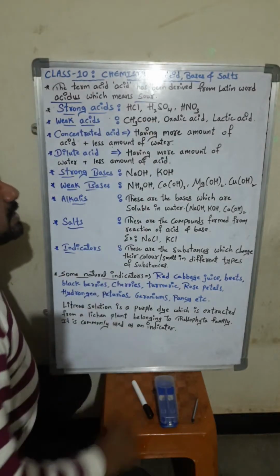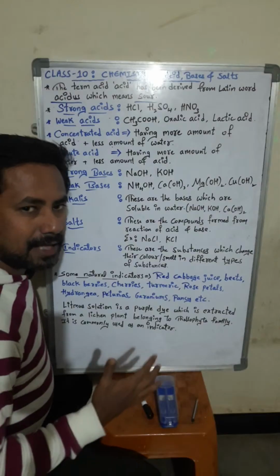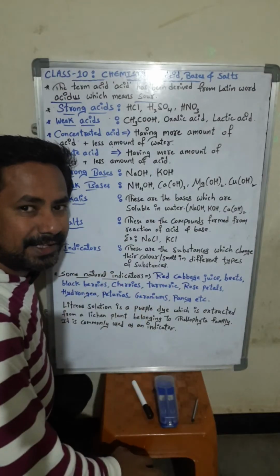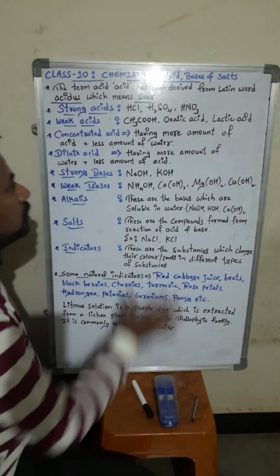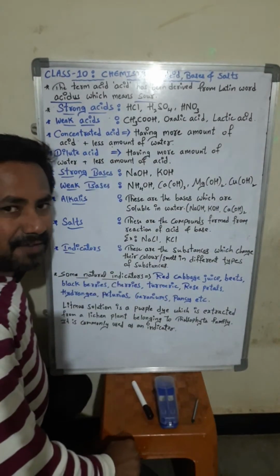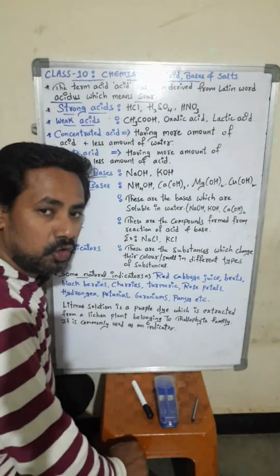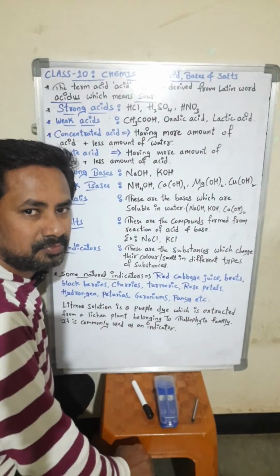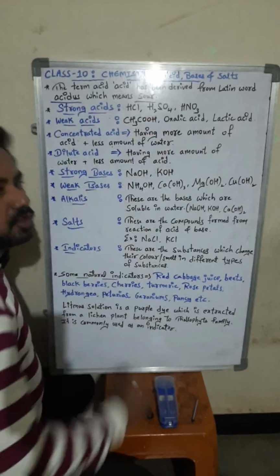First we are going to see some strong acids. Some acids are very highly concentrated, very strong. Some examples I have written on the board. HCl means hydrochloric acid or hydrogen chloride. It is a very strong acid, students.